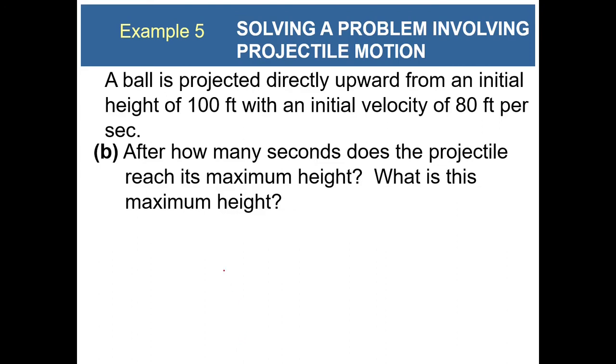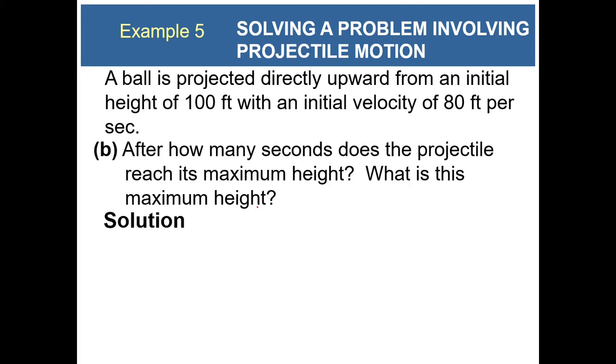Part B. After how many seconds does the projectile reach its maximum height? From part A, we know the formula for the position is s of t equals negative 16t squared plus 80t plus 100. And this is a parabola that faces down because of that negative symbol.